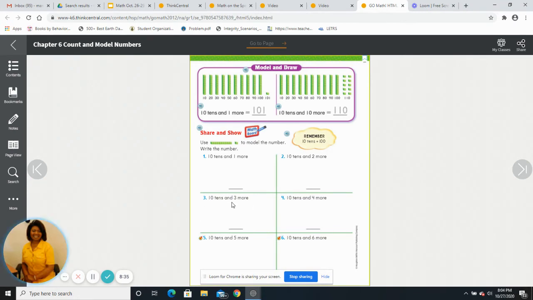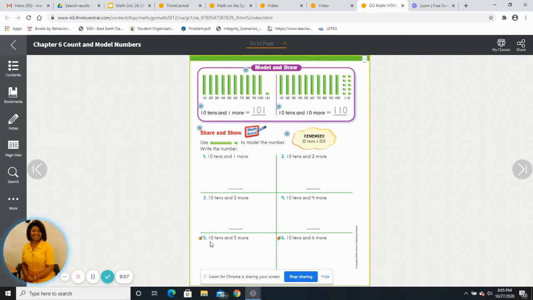10 tens and 3 more. I draw my 10 lines, 1, 2, 3, 4, 5, 6, 7, 8, 9, 10, and I draw 3 more. My number is 103. If I draw my 10 tens, that's my 10 lines going across, and 4 circles, my number would be 104.